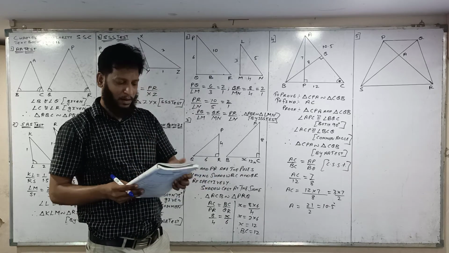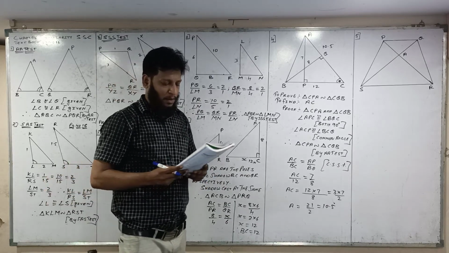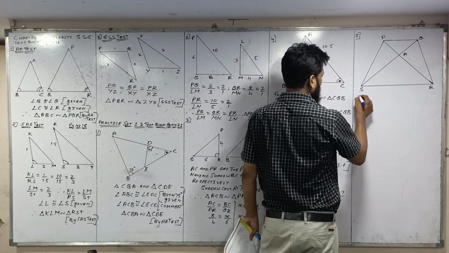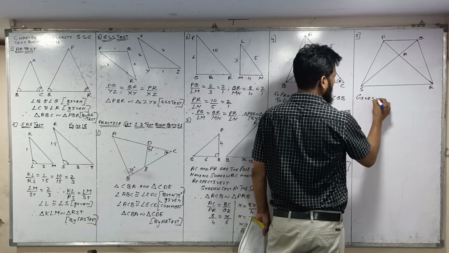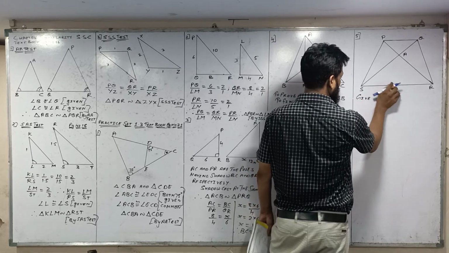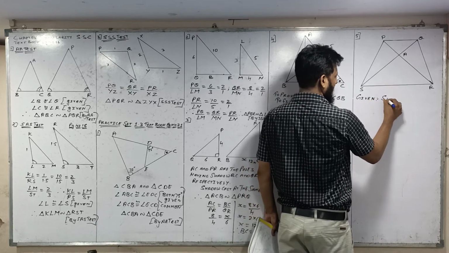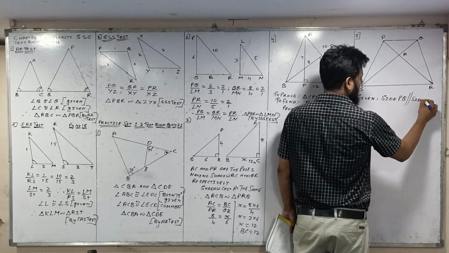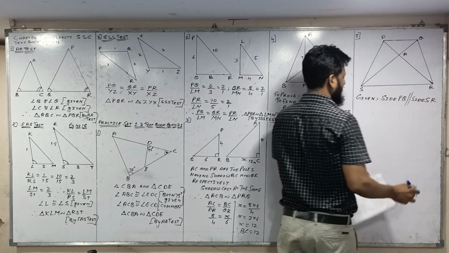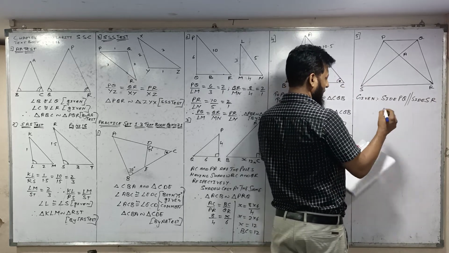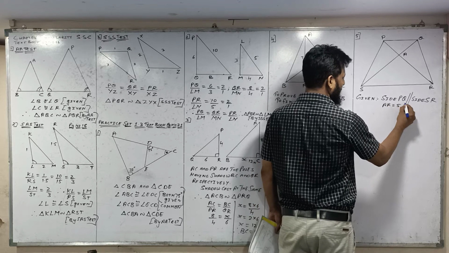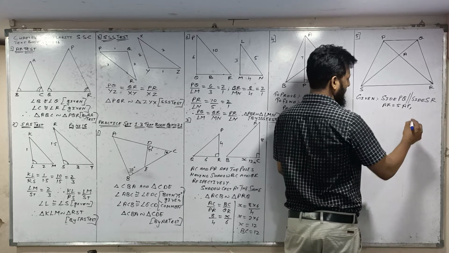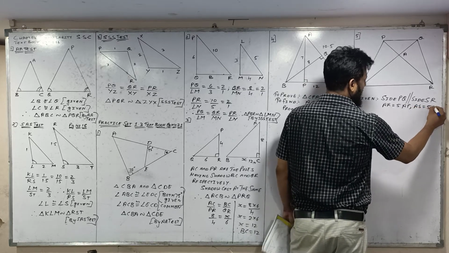Now come to question number 5. So we will write what is given. Side PQ is parallel to side SR, it is given in your textbook. AR is equal to 5 times AP, and AS is equal to 5 times AQ.